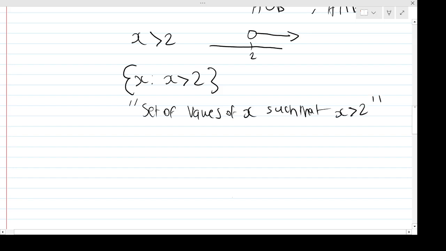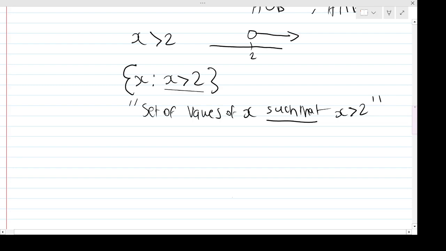That is what this whole thing means in English. The set of values is referring to the curly brackets, and the values of x is what we define as x here, such that it's these colons here. So x such that x is greater than 2. Well, x greater than 2 is there, so that's nothing new.